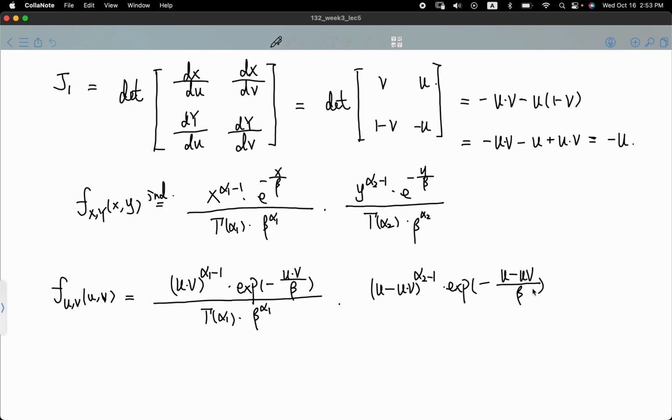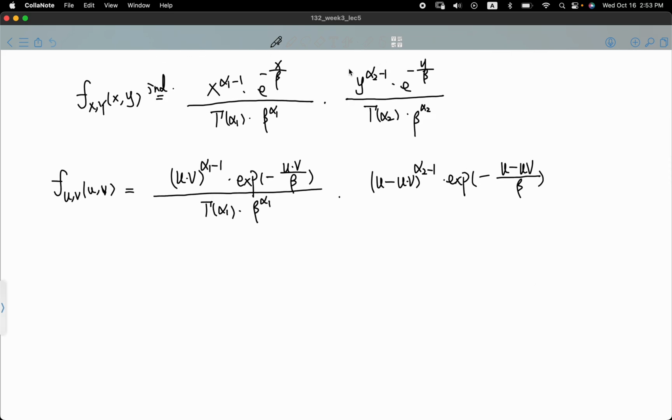Okay, and then the normalizing constant stays the same. We will have gamma of alpha 2, beta to the power of alpha 2.